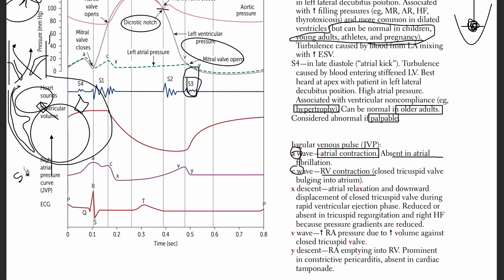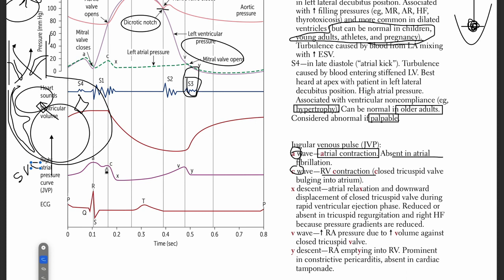What's gonna happen to the SVC when atrial contraction happens? It's absent in atrial fibrillation. Basically it's pushing against the tricuspid, so there's going to be a rise in backflow into the superior vena cava. Backflow of that will cause backflow of jugular venous pressure as well. So that's why there's an increase in jugular venous pulse as well.